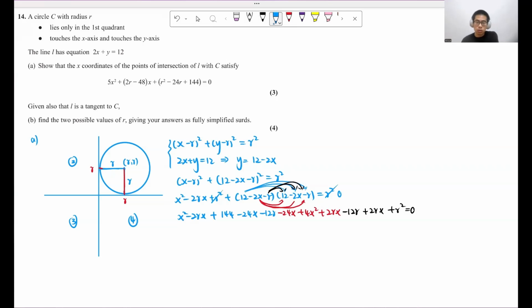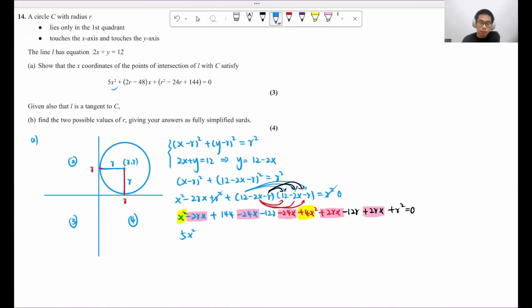Now to simplify this. For the x squared terms, this is x squared and this is 4x squared, so adding them gives 5x squared. For the x terms: minus 2rx, minus 24x, minus 24x, plus 2rx, and plus 2rx.